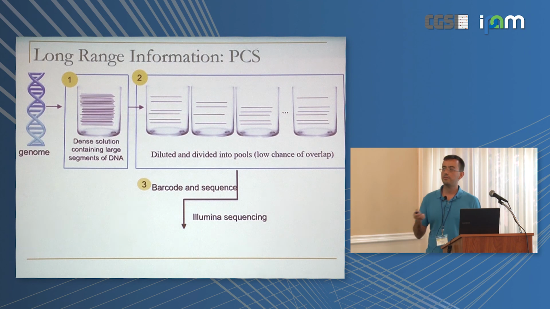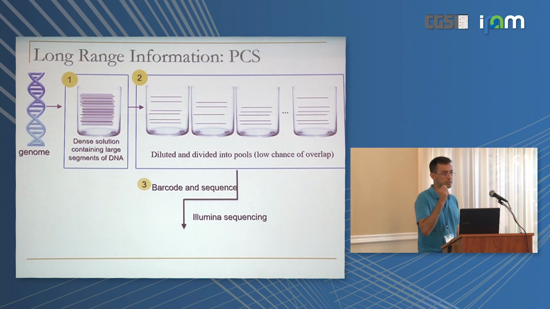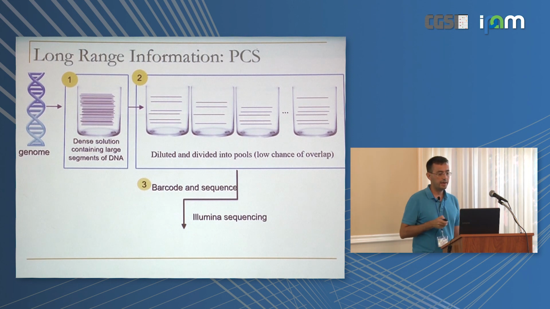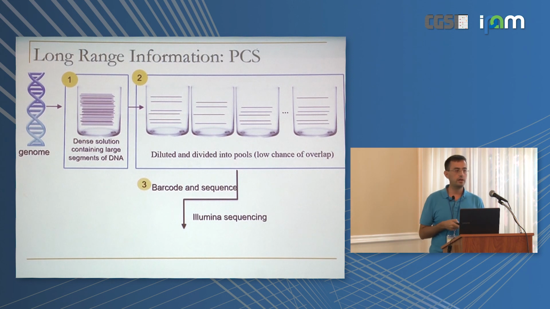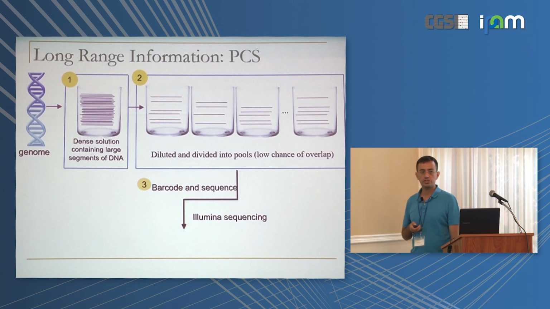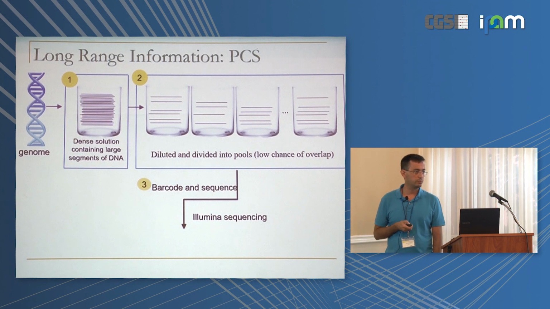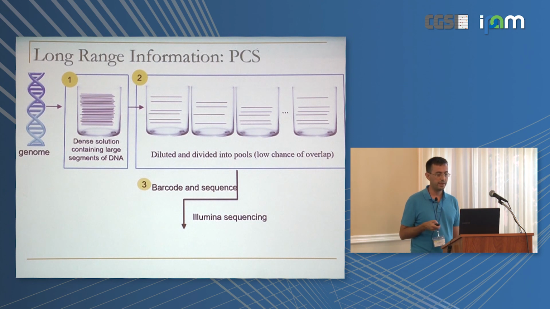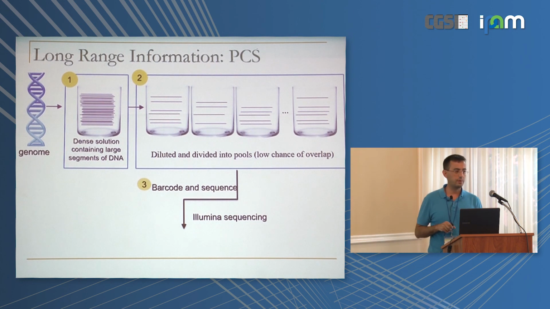So this is the pooled clone sequencing version, which is a relatively harder version. We have the genome. We chop it into large fragments. We clone them using BACs or fosmids, and then we dilute them into a number of pools. With random dilution, there is a very low chance of overlap between those molecules when mapped to the reference genome, and each pool covers about 3% of the genome in this method.